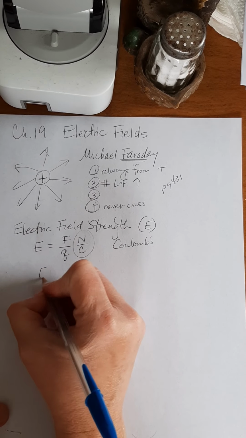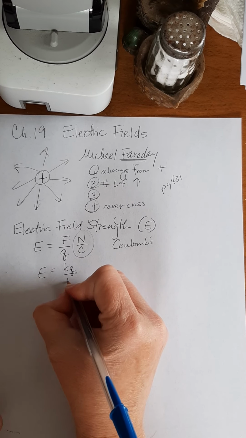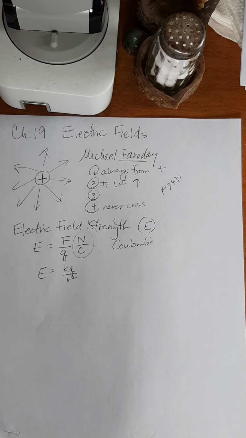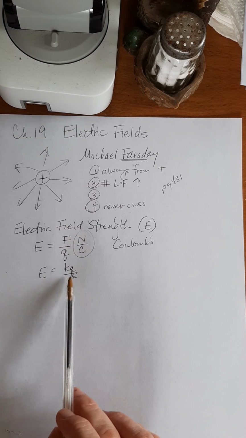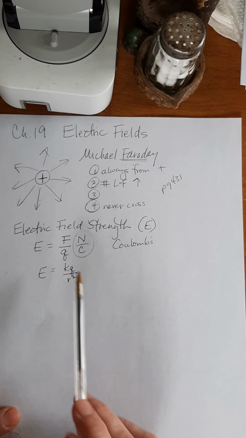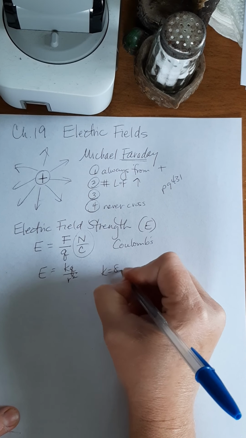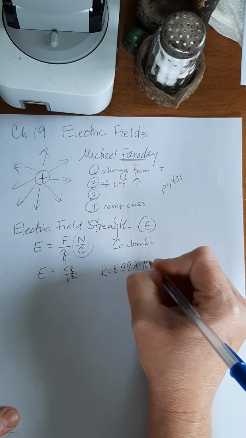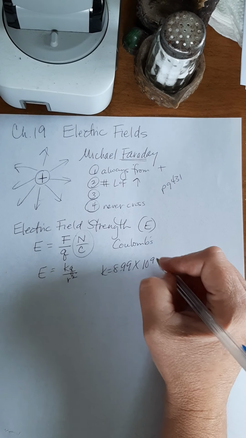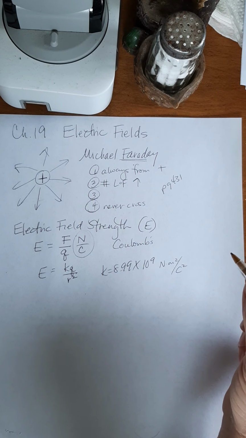Now, there's also another formula. And don't worry, on the test, I am going to give you the formulas. The formulas themselves. I don't tell you the units and stuff, but literally the formulas themselves. This is also another way that you can find electric field strength. The constant K is 8.99 times 10 to the ninth, and technically the units, newton times meter squared over coulomb squared.